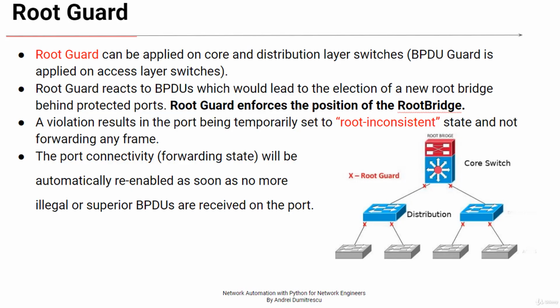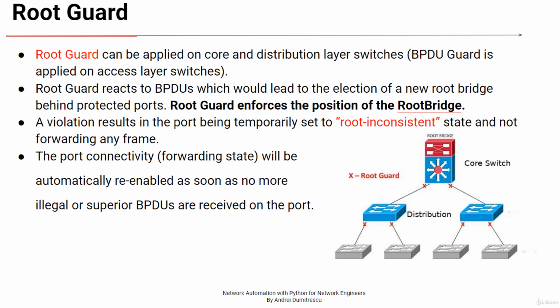Another security feature used to protect against STP attacks is called Root Guard. Root Guard can be applied on distribution layer switches while applying BPDU Guard on access layer switches. Let's see what Root Guard does. Root Guard does not prevent STP communication on the port where it is enabled, but it will only react to BPDU frames which would lead to the election of a new root bridge behind protected ports.